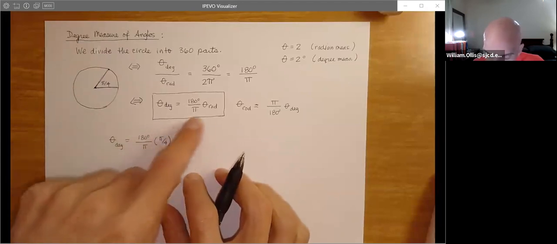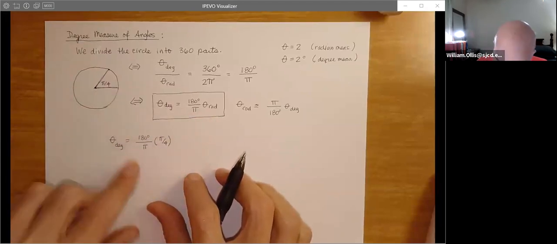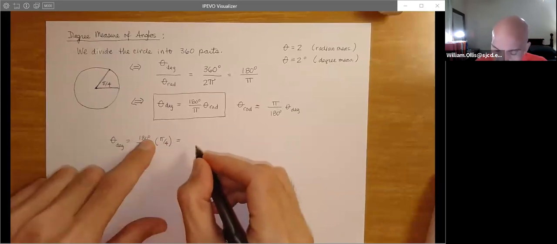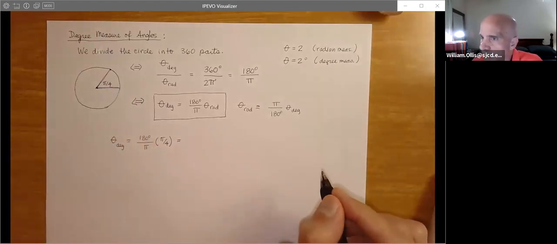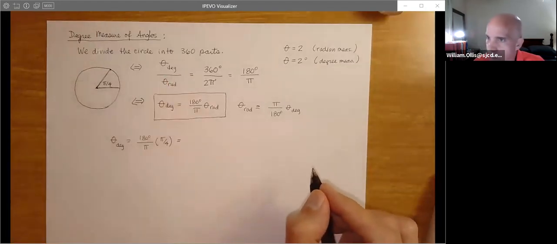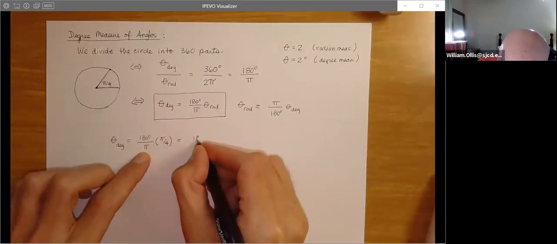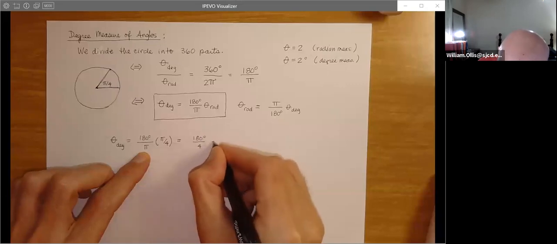So again, we have radians, pi over 4, and we want to convert to degrees. And so, of course, like I say, if you don't put the little superscript up there, that's okay. Just remember to put it in at the end, or you can do as I've done here. It's no big issue. The pi is absorbed, and we have 180 degrees divided by 4.